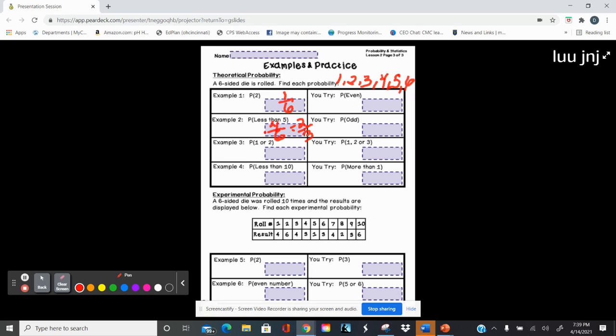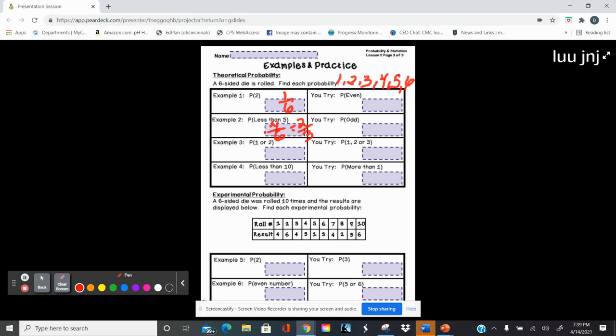Okay. Example 3 is asking, what is the probability that we are going to roll a 1 or a 2? In this situation, it's going to be favorable for us either way, so we're looking at both numbers, 1 and 2.